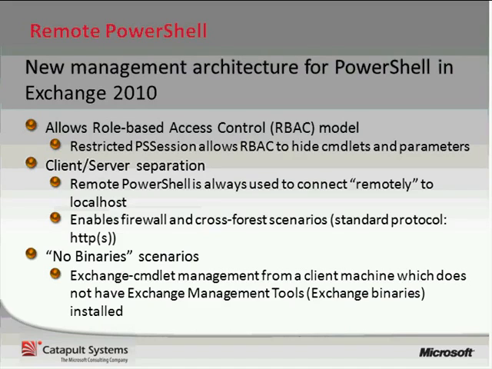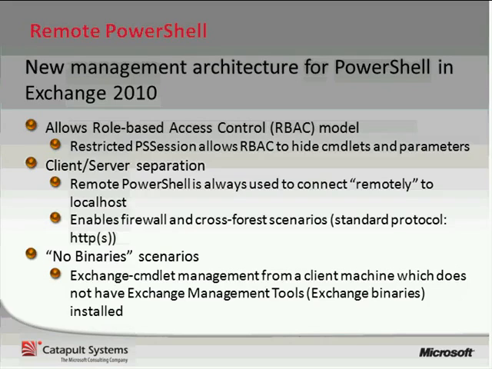And so any task that you attempt to do through PowerShell will first have to get authorized through the RBAC control. You can restrict a PowerShell session so that it will allow RBAC to hide commandlets and parameters. So if you don't have the permissions in RBAC or in your role to do a set mailbox, that commandlet will no longer show up in PowerShell.